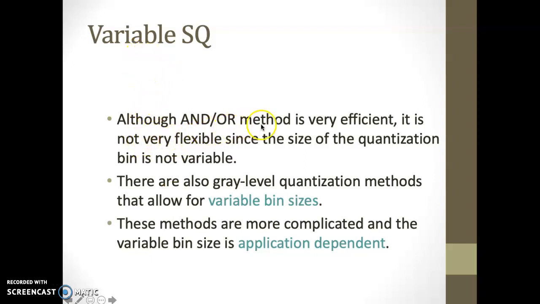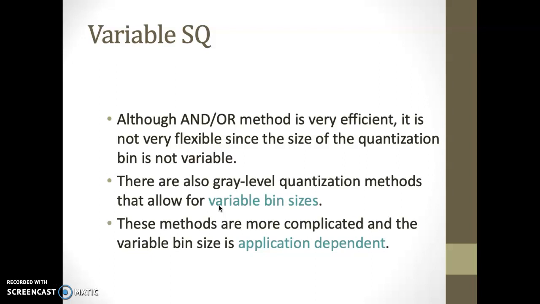Although the AND or OR method is very efficient, it is not very flexible since the size of the quantization bin is not variable. So there are also gray level quantization methods that allow for variable bin size, meaning the sub intervals will be in different sizes.